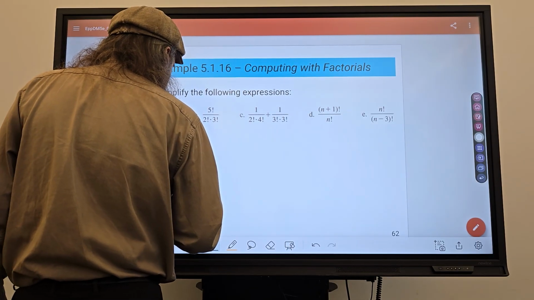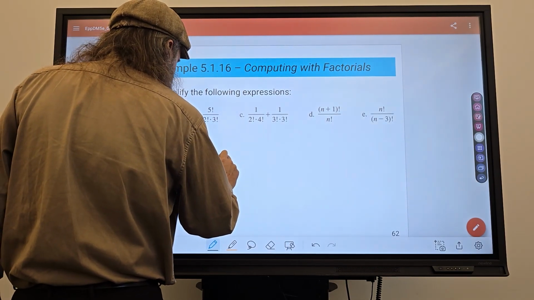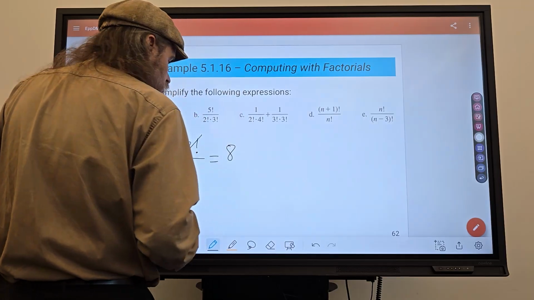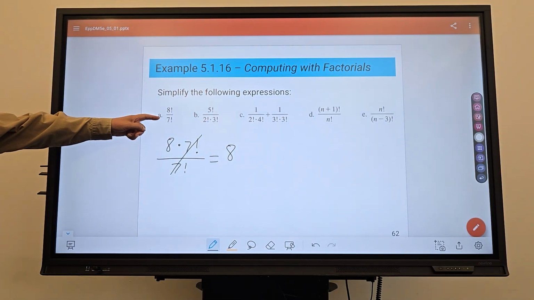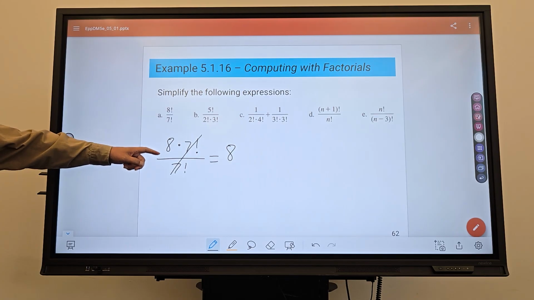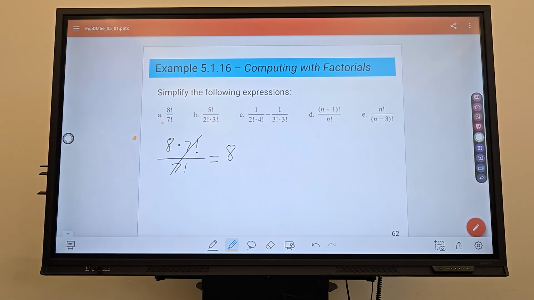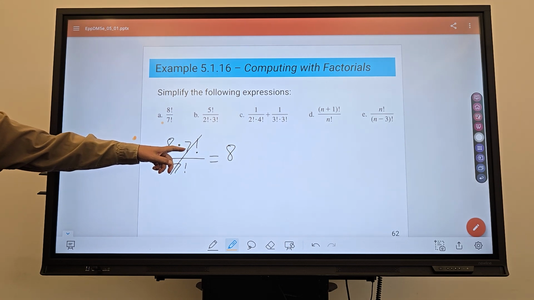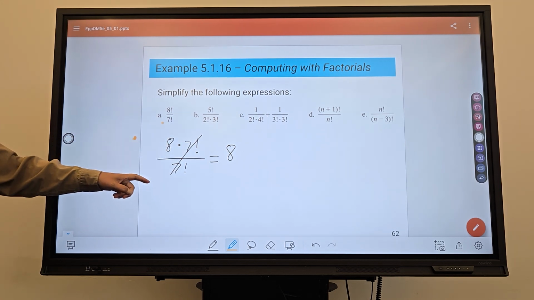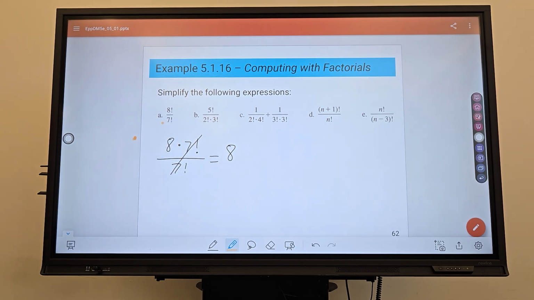That cancels, so it equals 8. Right? 8 factorial divided by 7 factorial: you expand out the 8 factorial, cancel out the 7 factorial, and you get 8.